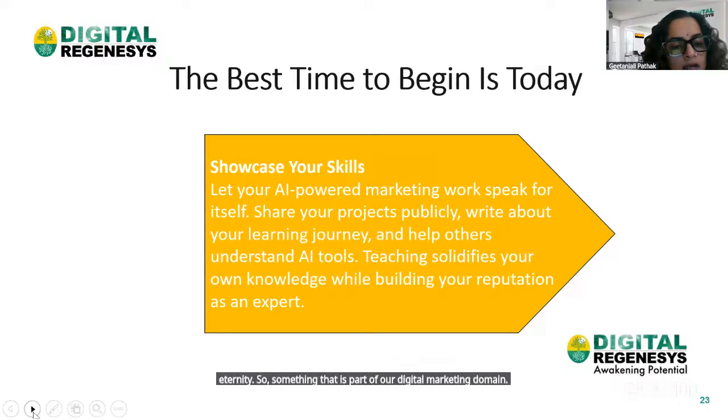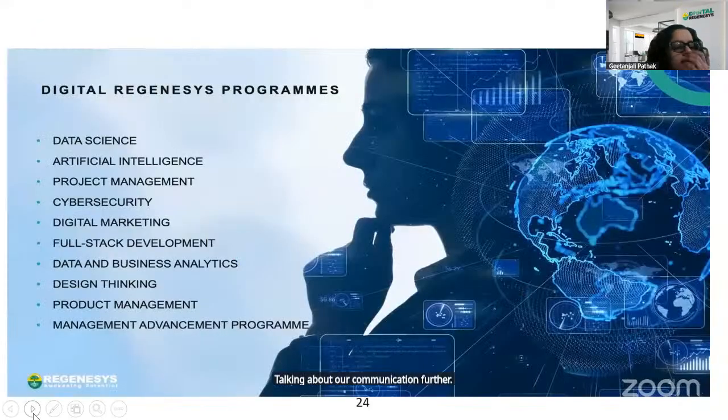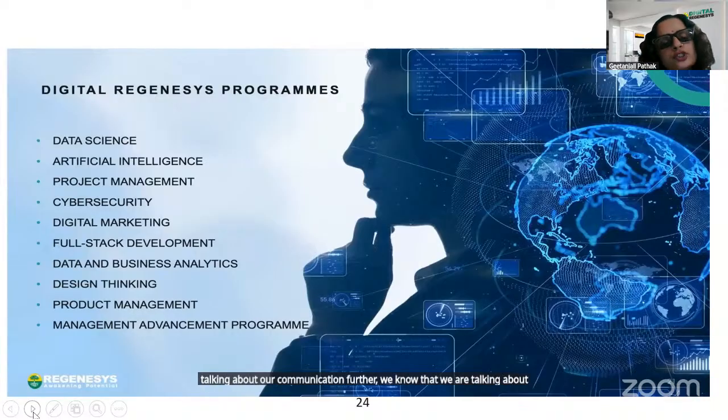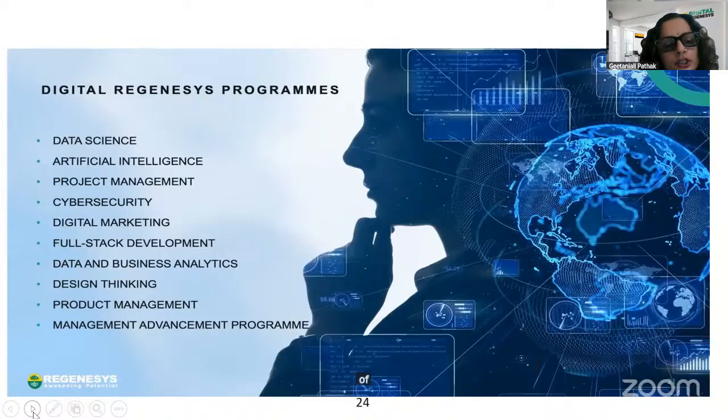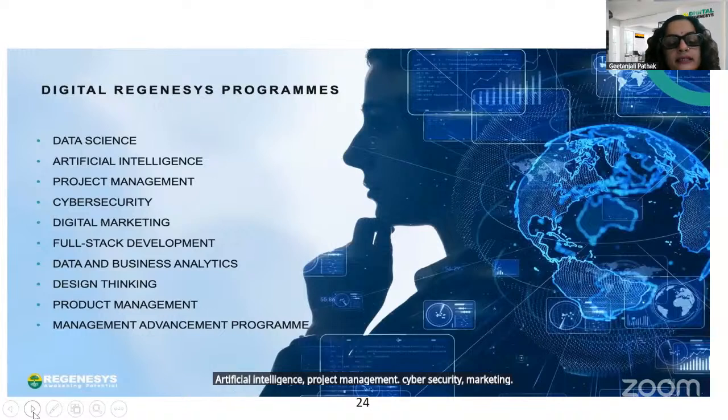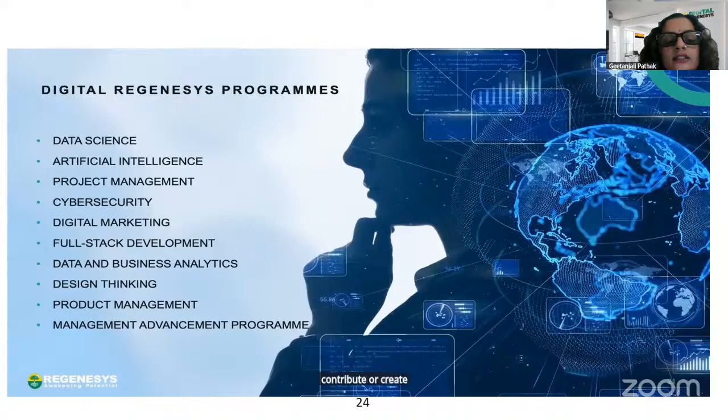Talking about our communication further, we are talking about our Digital Regenesis program, which includes our digital marketing domain, along with data science, artificial intelligence, project management, cybersecurity, marketing, data analytics and design thinking, and definitely they all create the entire consortium for Digital Regenesis.